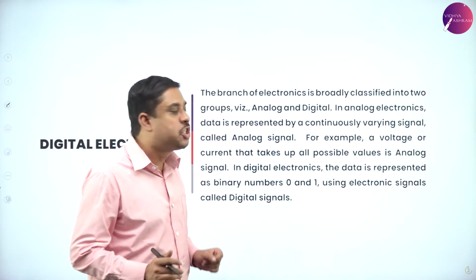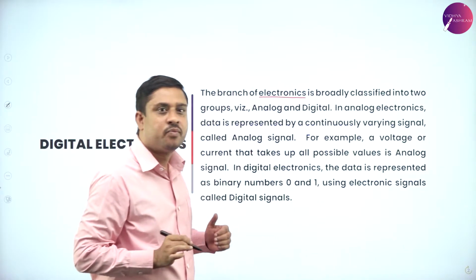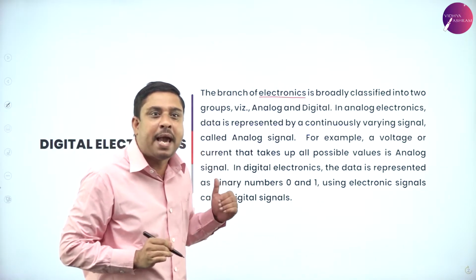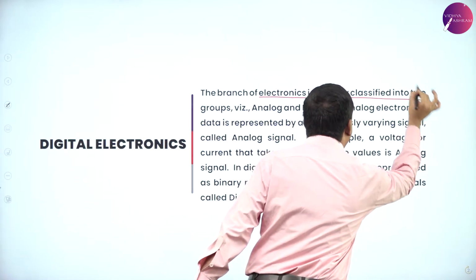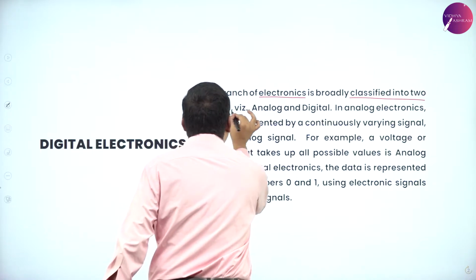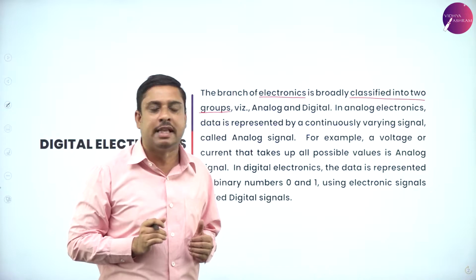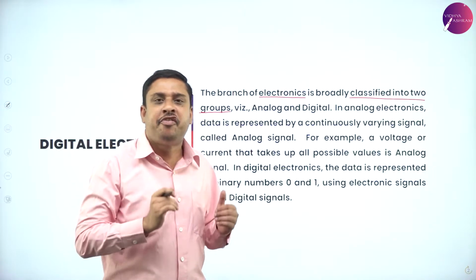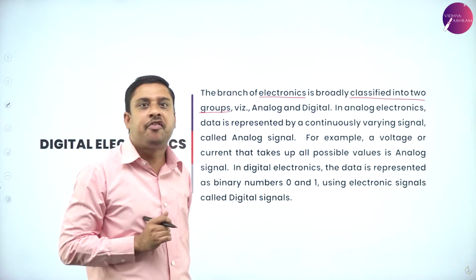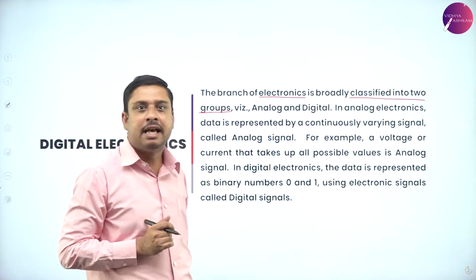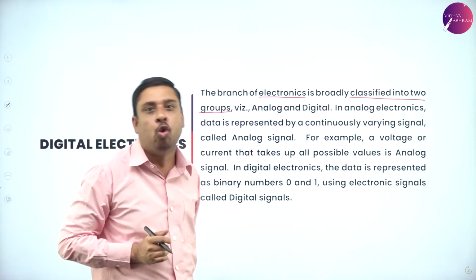Now the branch of electronics is basically classified into two groups. Very important to know this. Fundamentally, the branch of electronics is classified into two groups.